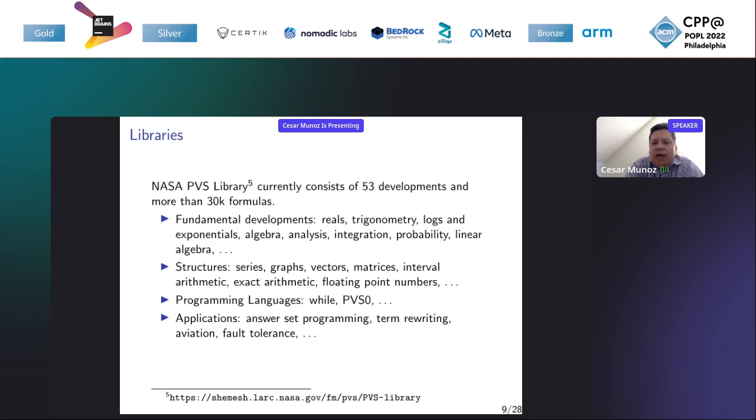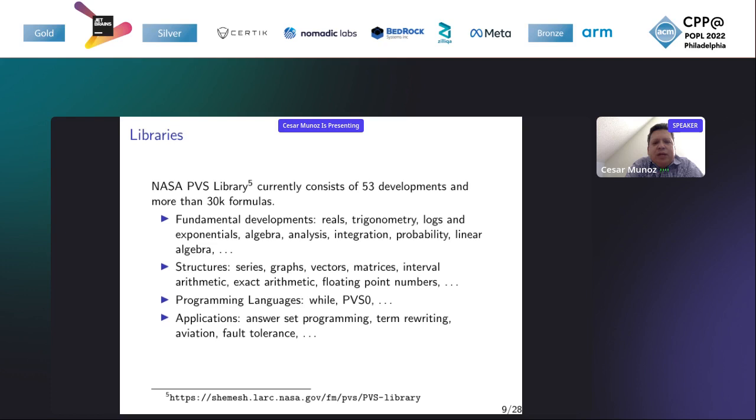So now we have a foundational library for trigonometric functions. And indeed, we develop and we have maintained for more than 30 years the NASA PVS library. Currently, it has 53 developments and more than 30K formulas. And we have fundamental developments, real libraries, logarithms, etc.